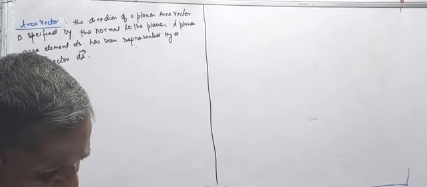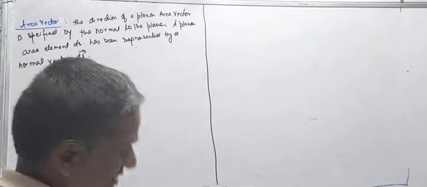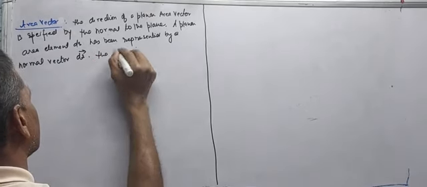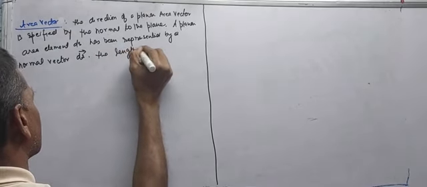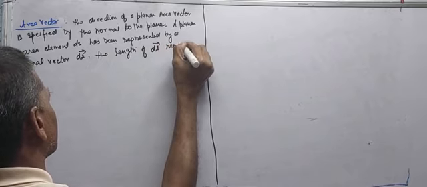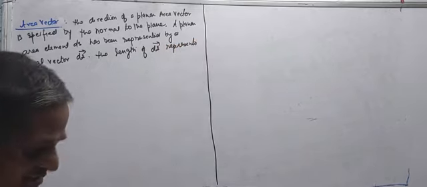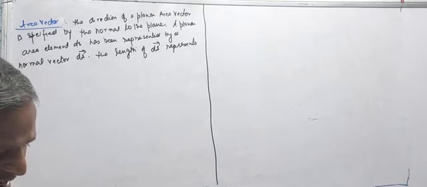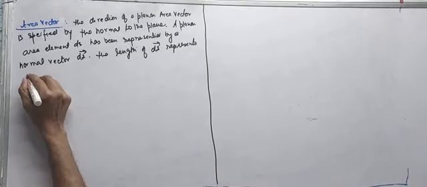The length of ds vector represents the magnitude ds of the area element.